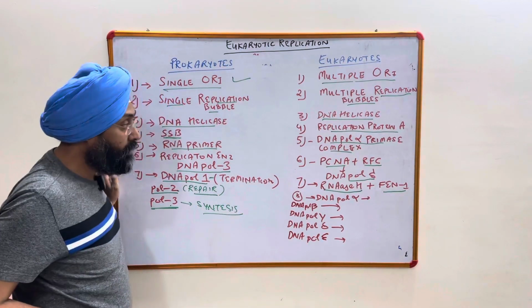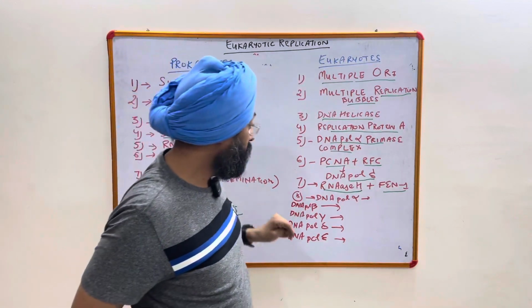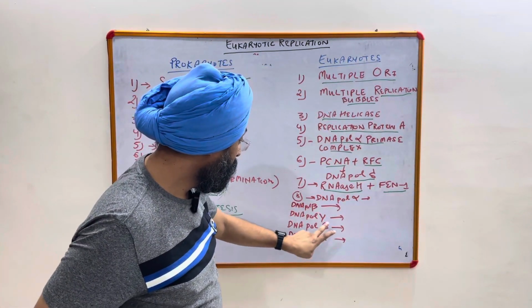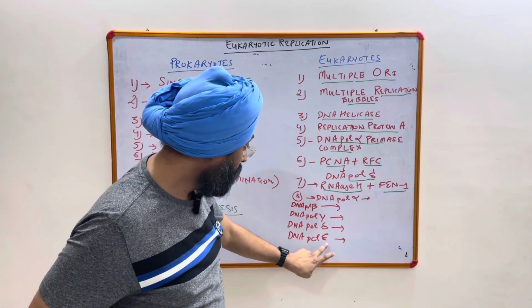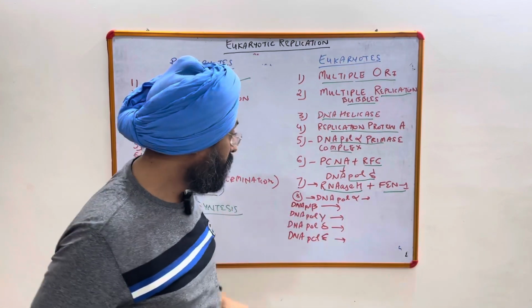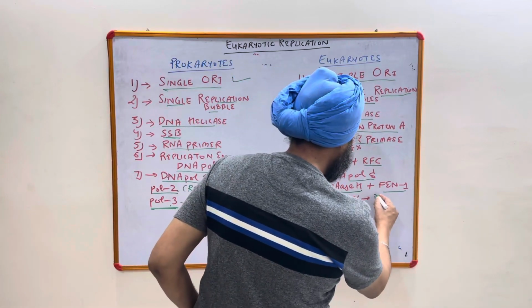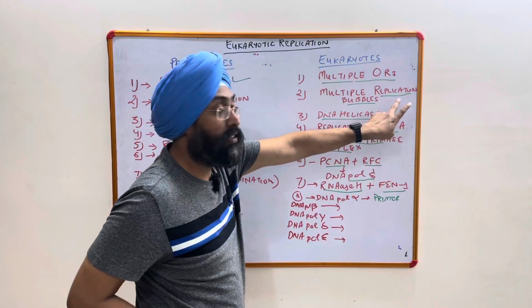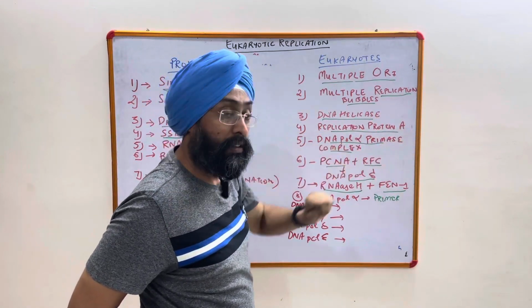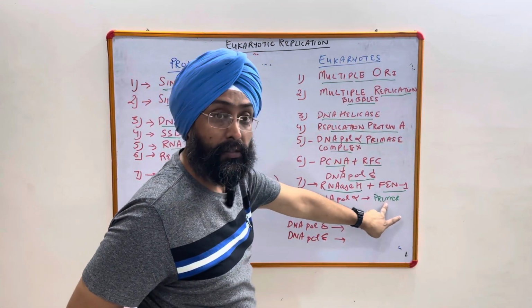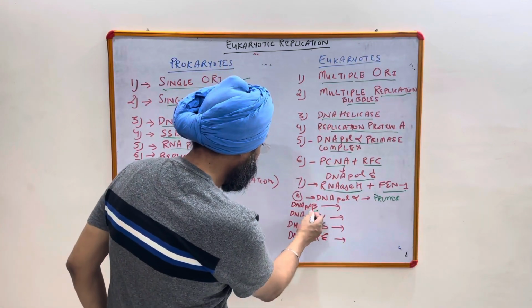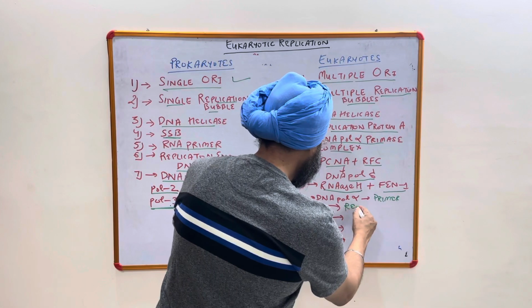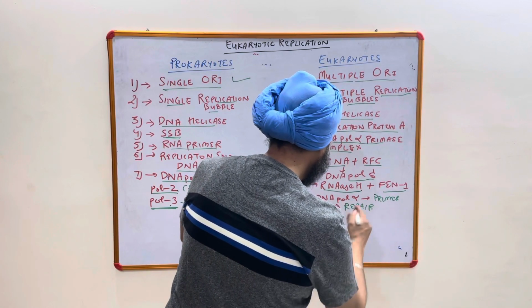new DNA, right? And in eukaryotes, there are 5 distinct DNA polymerases: alpha, beta, gamma, delta, and epsilon, right? Alpha is involved in synthesis of the primer, right? Beta is involved in repair, right?